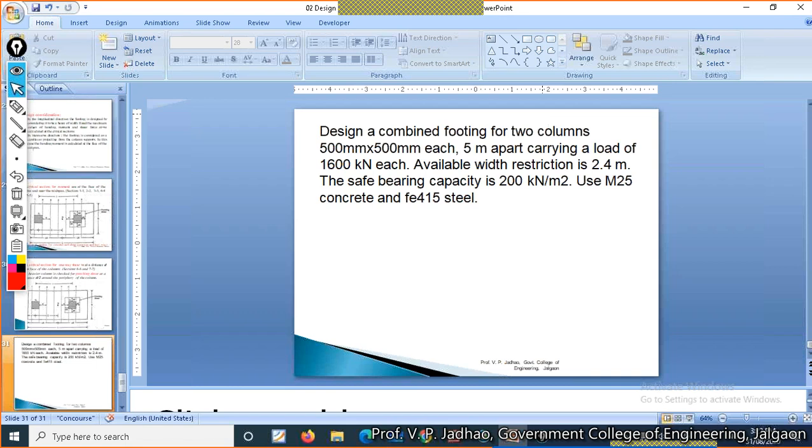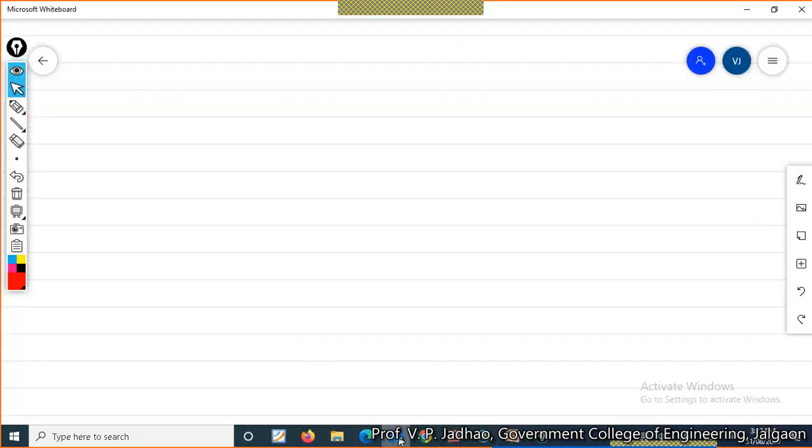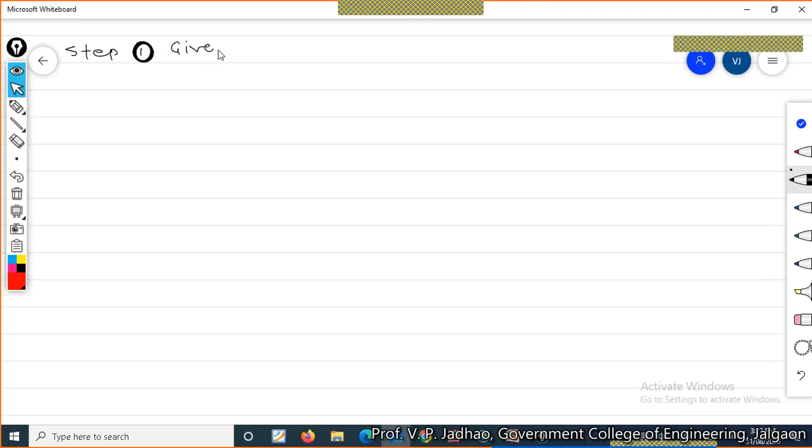Okay, so I'll start with the design, given data. Step number one: given data. So what is given to us? Column size is given.